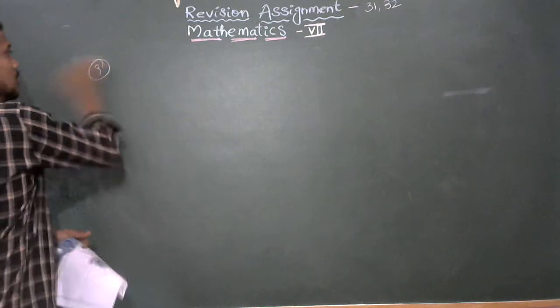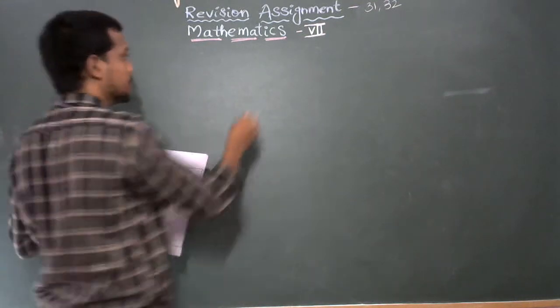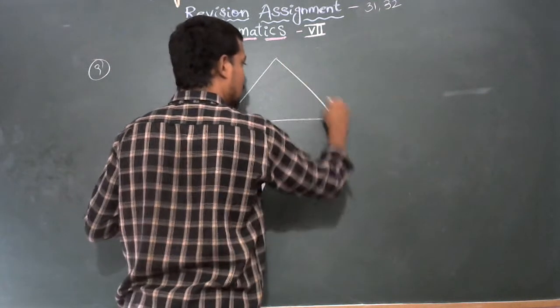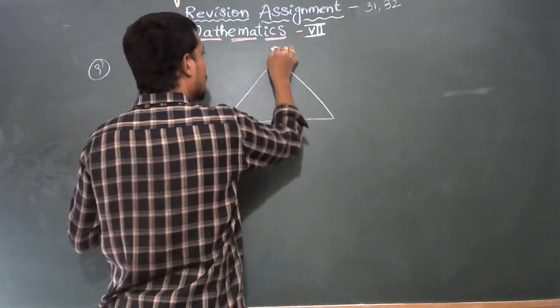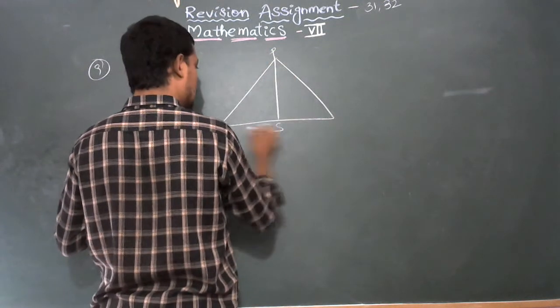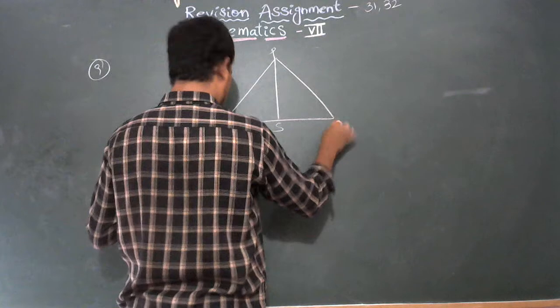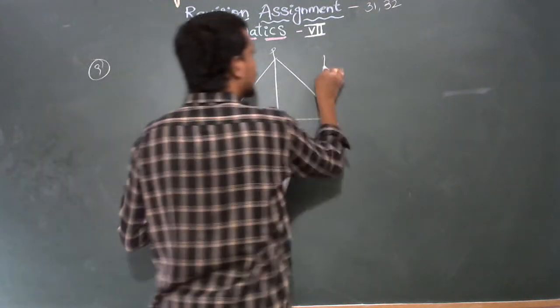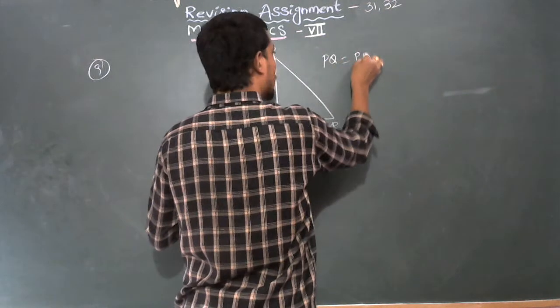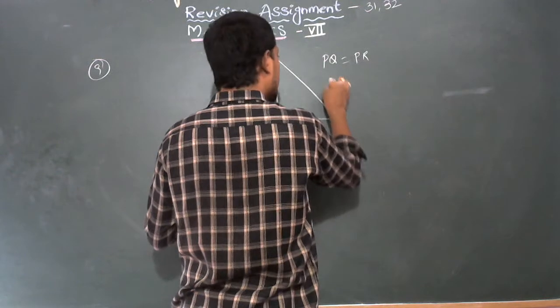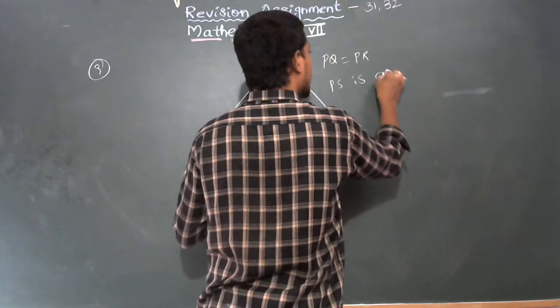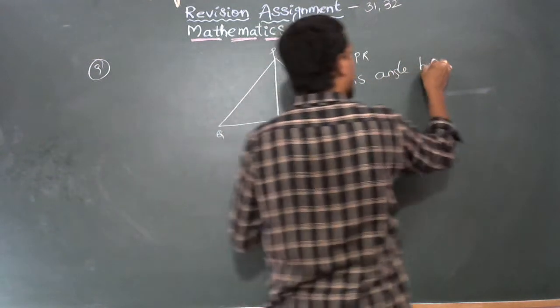Now, the ninth one. Here PQ equal to PR, PS is the angle bisector.